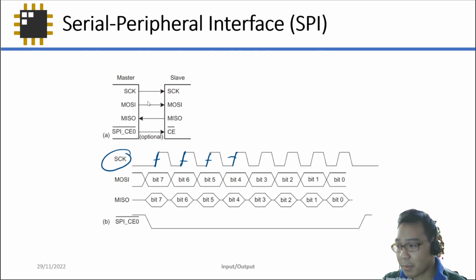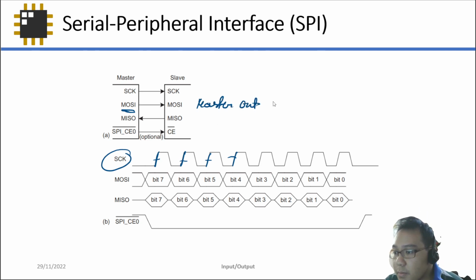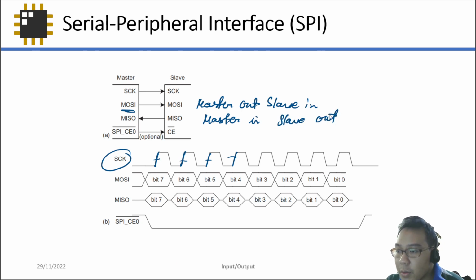So, for example, master out, slave in. That's what MOSI stands for. Let's write that down here. The MOSI wire is reserved for the master to drive, and the slave to receive communications upon.